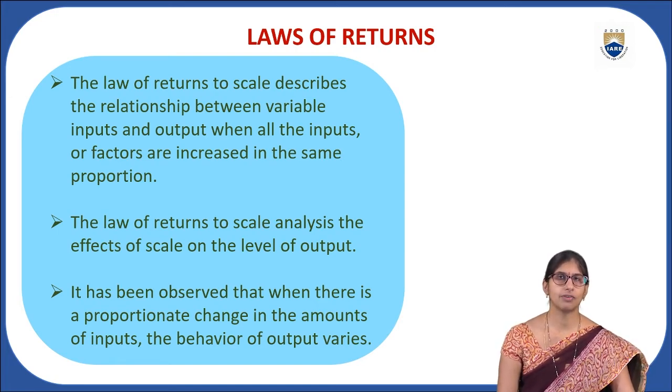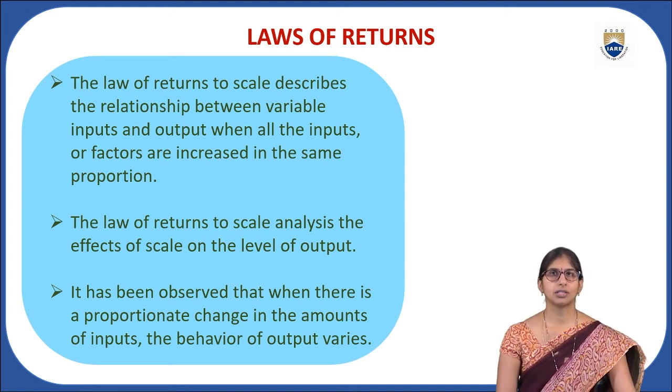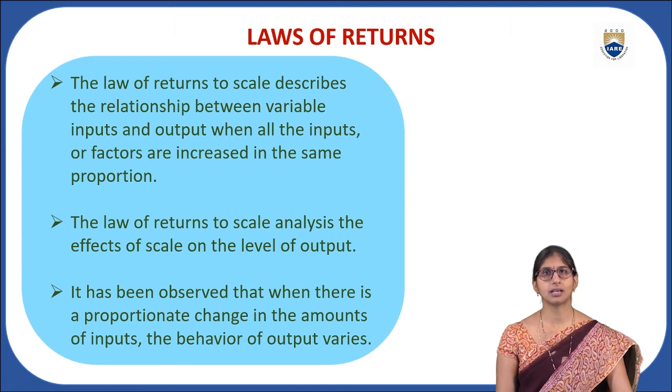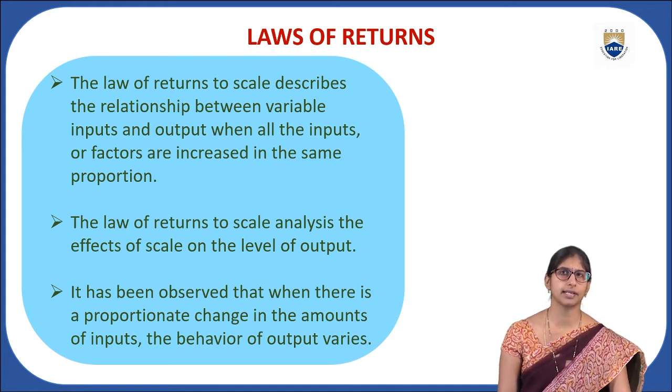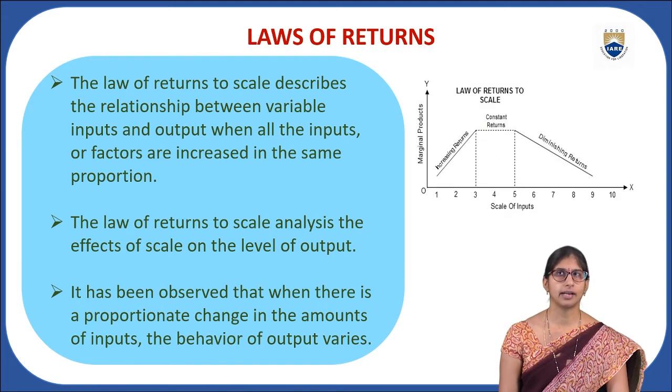So here we are considering multiple input factors to know the output of the production. When we give a number of inputs, what is the output we can see? The law of returns to scale also analyzes the level of output, and how the behavior of output varies when there is a proportionate change in the amount of inputs.